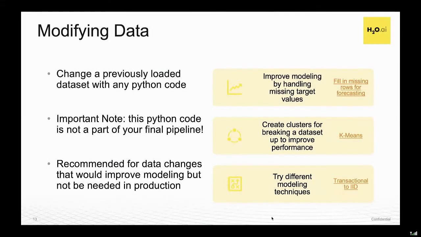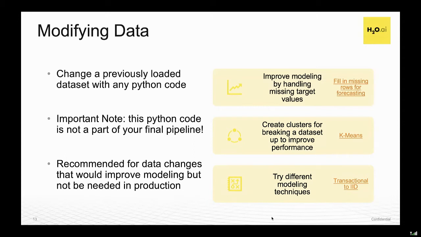Next, we're going to talk about how to modify data. One of the questions that we were frequently getting when we were talking to folks about Driverless AI is: what if I load a data set and I'm exploring it with AutoViz and I see that there are some outliers I want to remove, or I see that one of my columns is off by a factor of 10 and I just want to change that column?